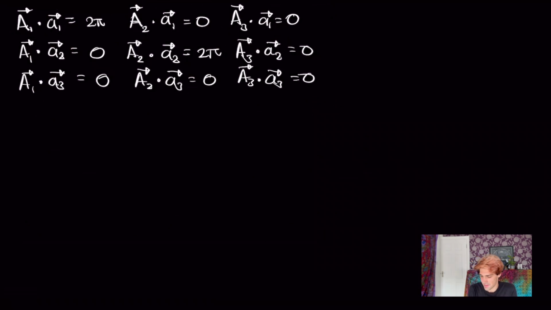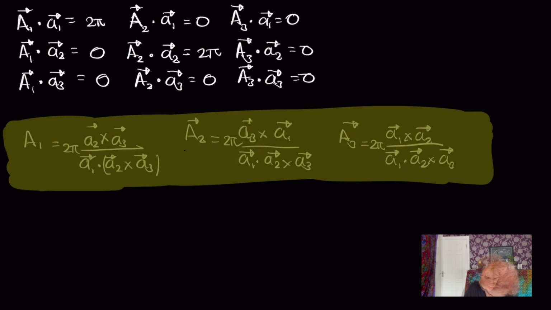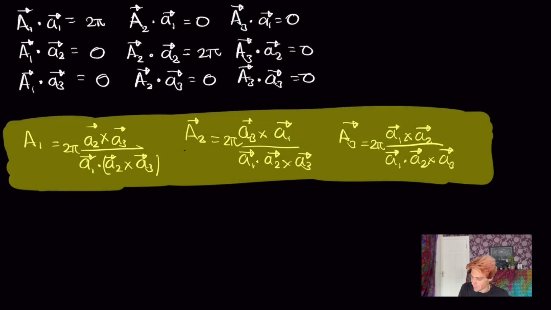And of course, this is a system of 9 equations, which takes a lot of mathematical analysis to actually solve. But like I say, I'm going to jump to the main solutions where we can write the reciprocal vectors, capital A1, capital A2, and capital A3, in terms of the real vectors like the following. And yes, that was a lot of writing out, but here you go.